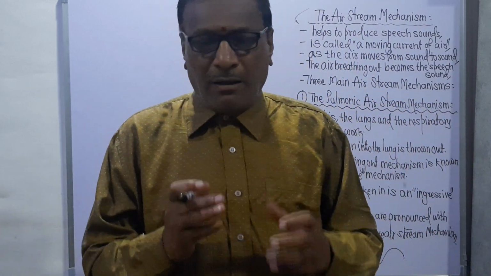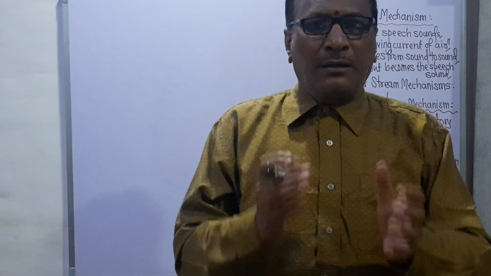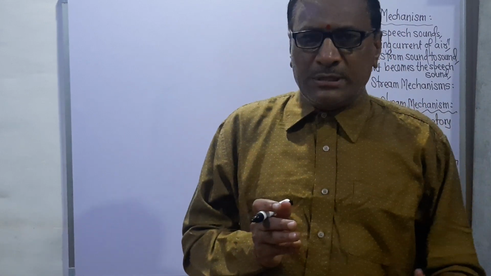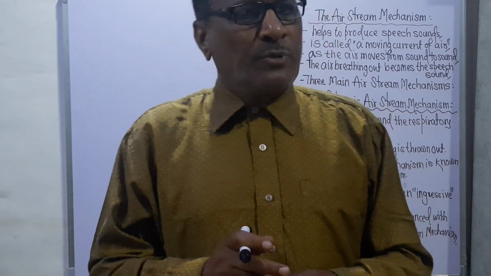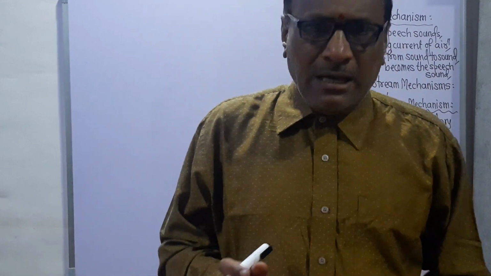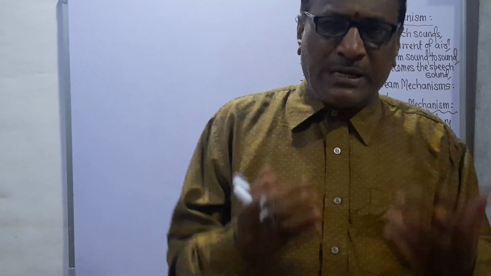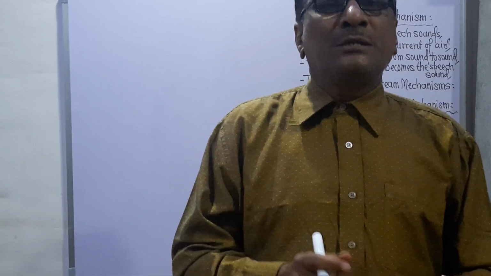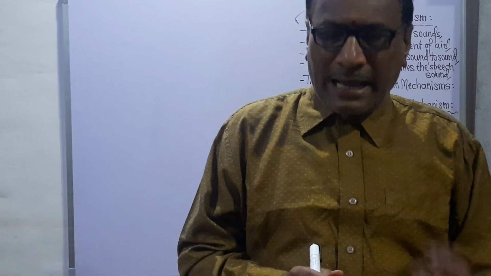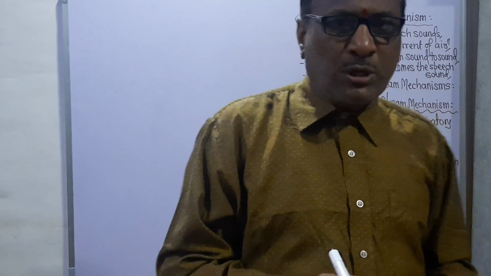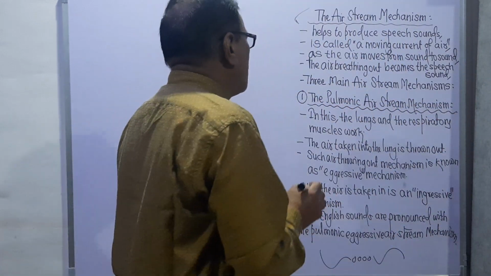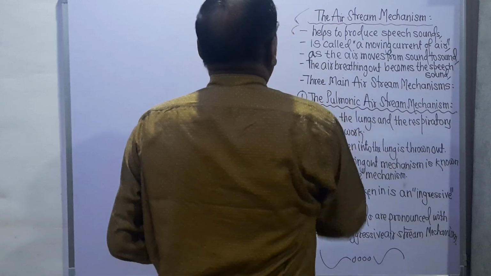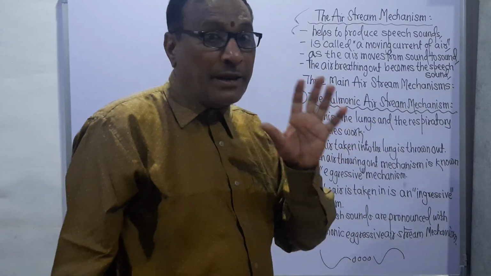With the help of these sounds we pronounce sentences and paragraphs, and in this way the airstream mechanism helps to produce the speech sounds. That is the important point which I explain here.